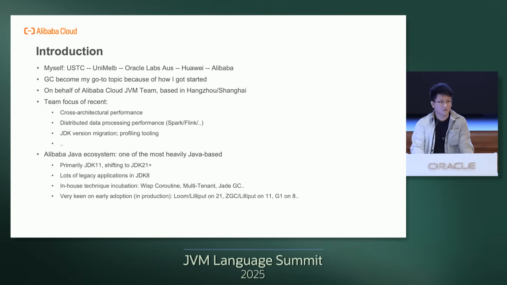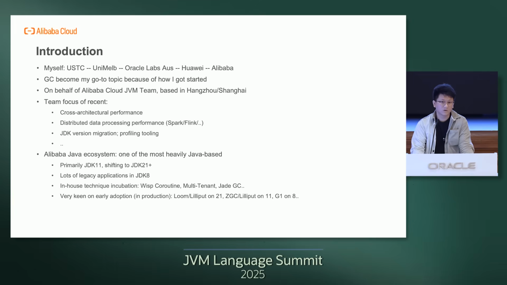The Alibaba Java ecosystem is one of the most heavily Java-based ones. It's currently primarily based on JDK 11, and slowly shifting to JDK 21 plus, with a lot of legacy applications still running JDK 8. In the past few years, we have created many unique techniques such as Wisp coroutine, multi-tenant, and JGC, and you can look this up.